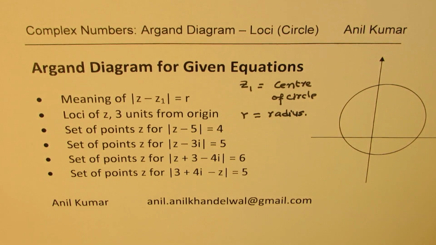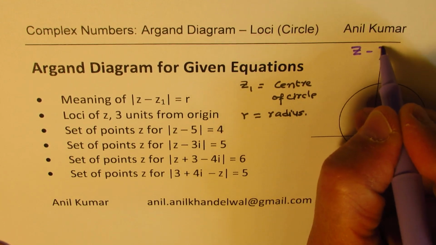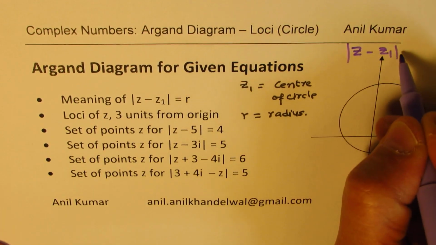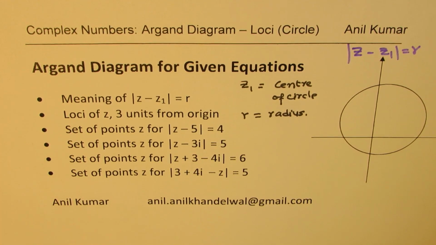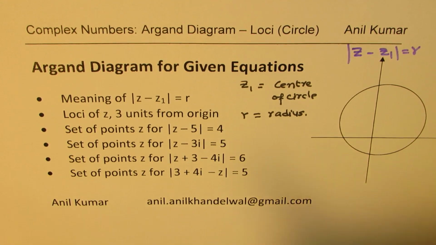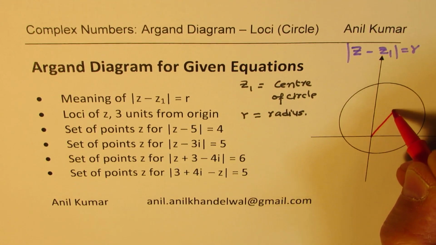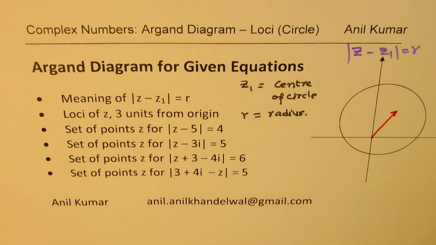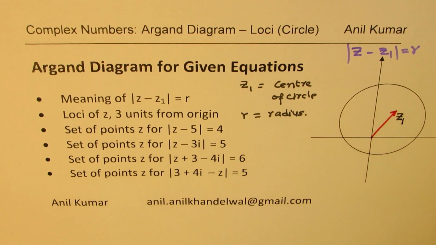So in the given diagram which we have here, we are showing a set of points represented by z minus z1 equals to r. So in this particular case, what you should be sure of is that z1 actually is a position from here, right? So that is what is called z1 for us, right?